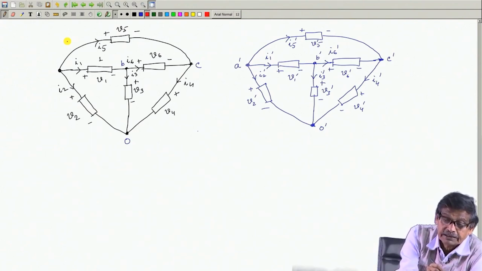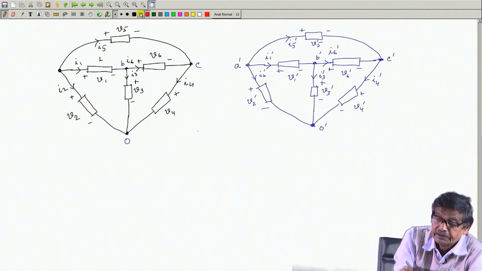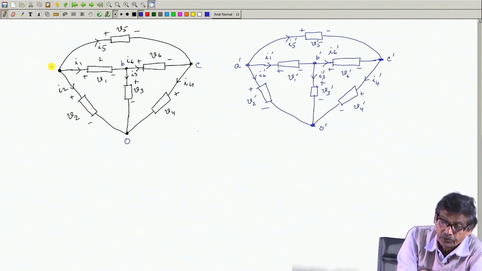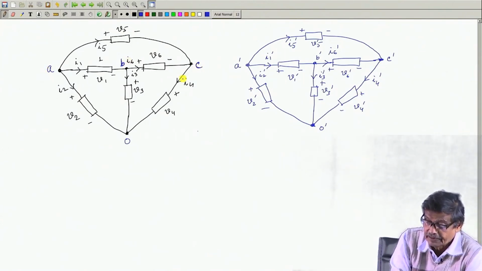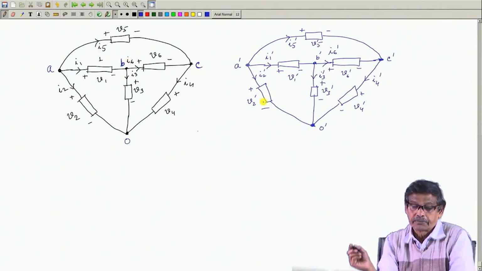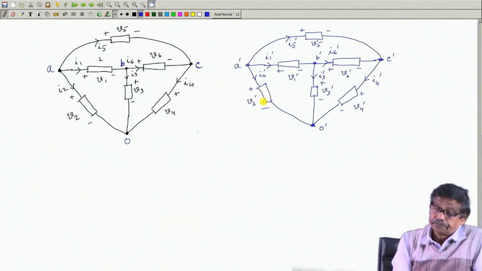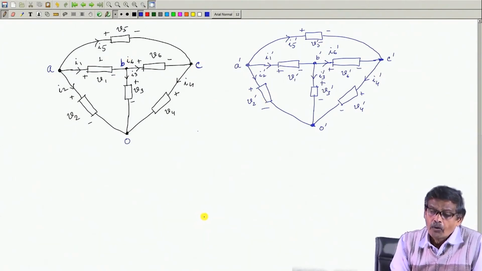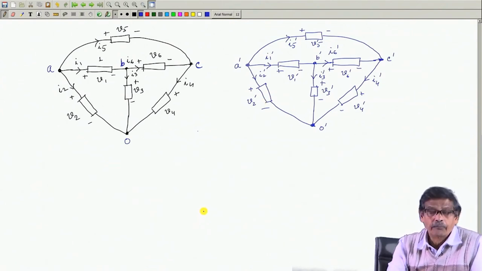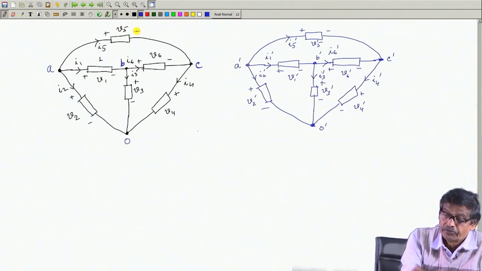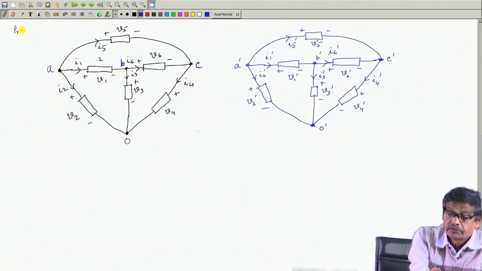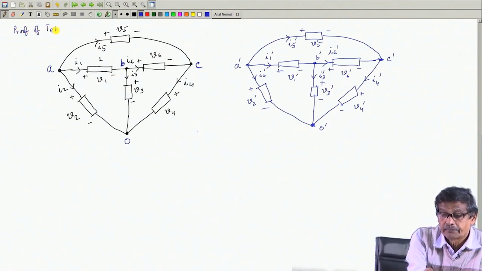The only thing, this has not been copied, this number was node A, this is node B, this is node C and this is node A, all things have come correctly. Now, from whatever network, and so this is the proof of Tellegen's theorem.